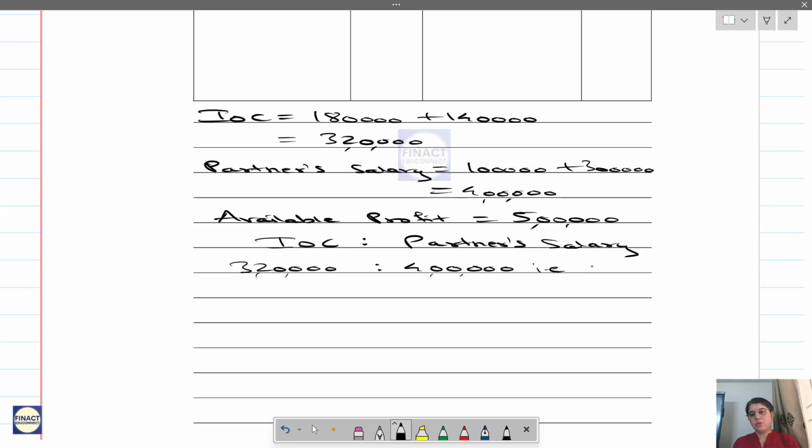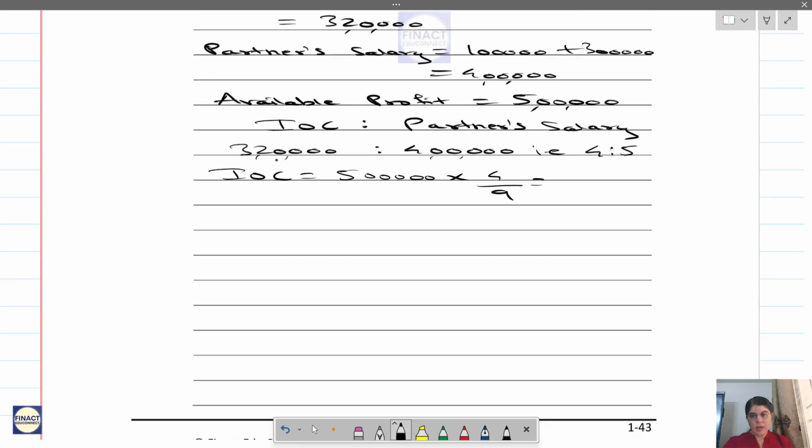So this comes to 4:5, correct? Now use this ratio to calculate interest on capital. So here interest on capital will be available profit, that is 5 lakh into 4/9. Calculate that.